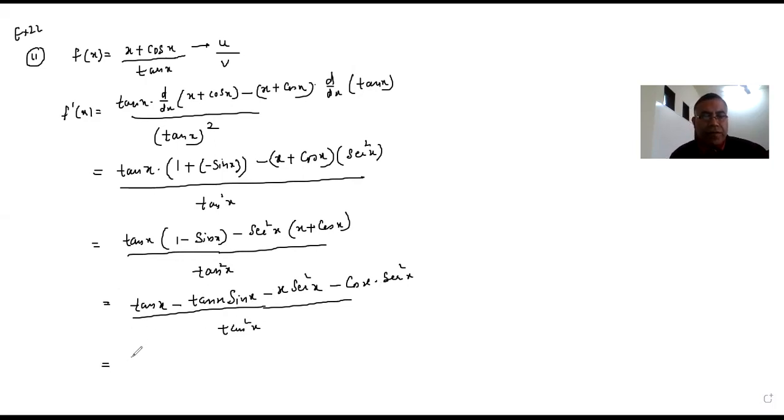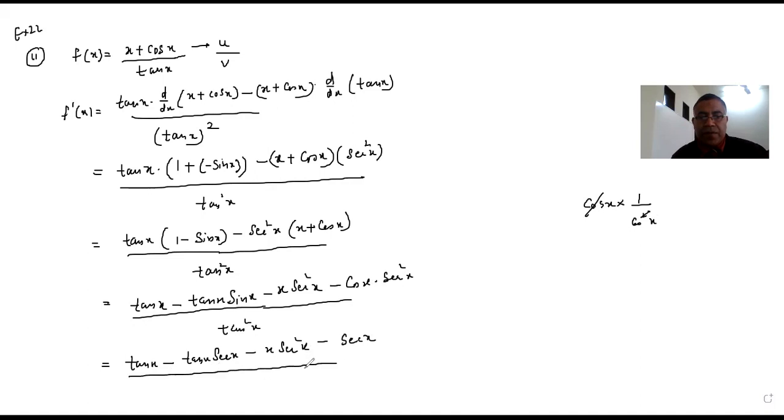So you can solve it further. You can write it as tan x minus tan x sin x minus x secant square x minus, this is cos x, this is 1 over secant x. So cos x times secant square x is 1 over cos x, this goes, so it is only secant x upon tan square x. Afterwards, you can take something outside common and solve it further. So this is all about this question.